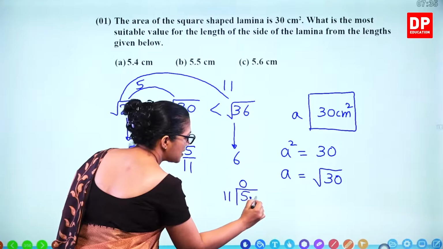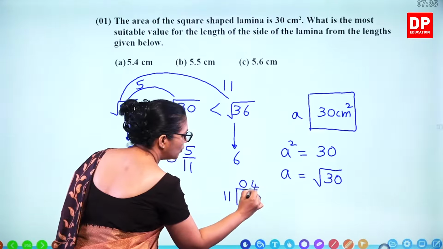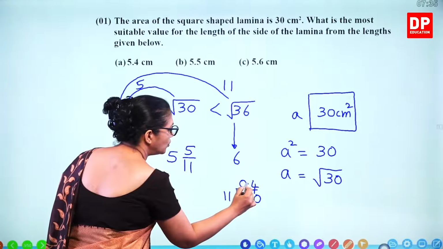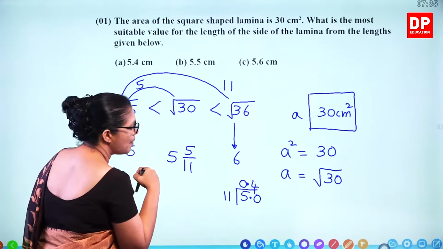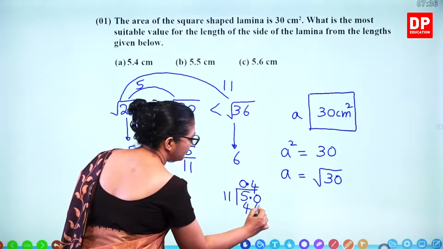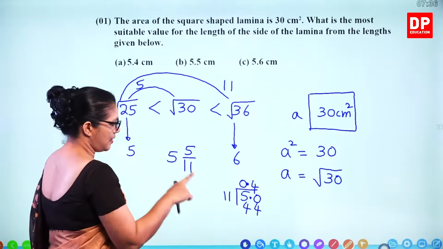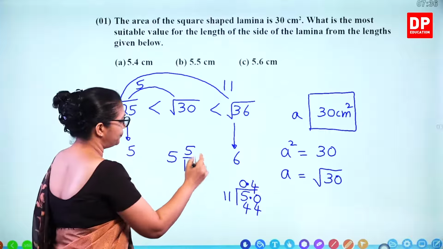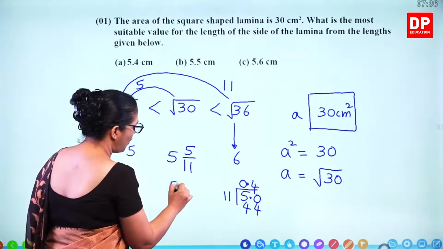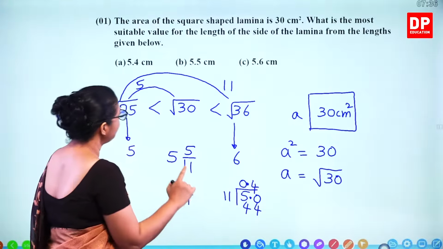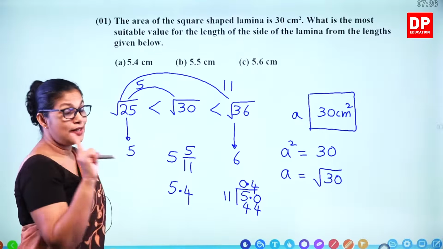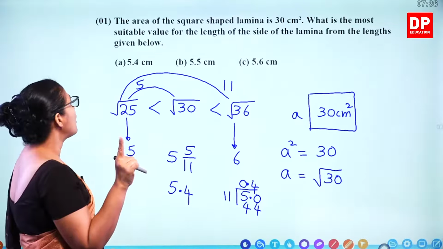What's 5 over 11? 11 times 4 is 44. So for the first approximation, this is 4. So 5.4 is the answer. When you take only the first approximation, that's 5.4.